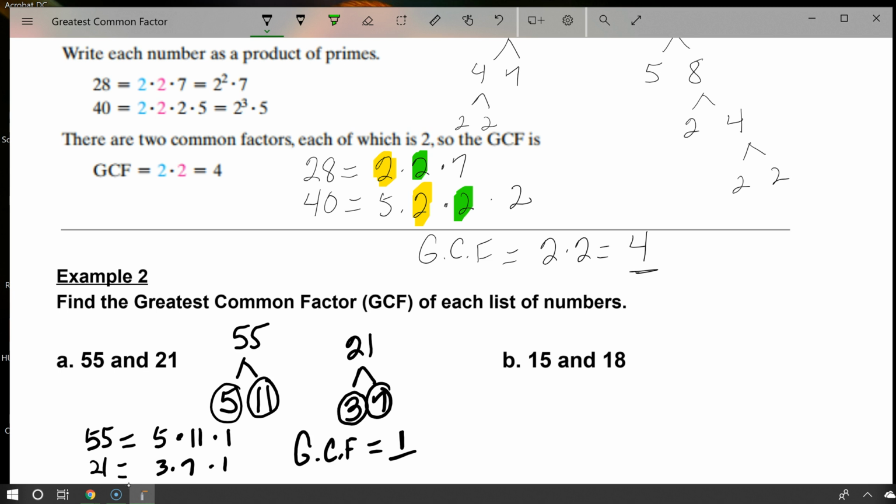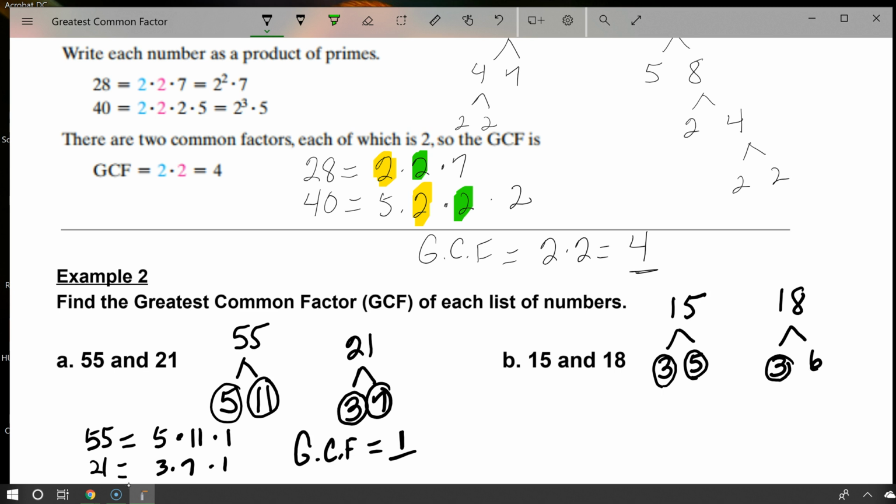Go ahead and try to find the greatest common factor between 15 and 18. And just like I said before, you're going to do the prime factorization tree. If you have 15, the factors of 15 are 3 times 5, and you notice that 3 is prime and 5 is prime. 18 is the same as 3 times 6.